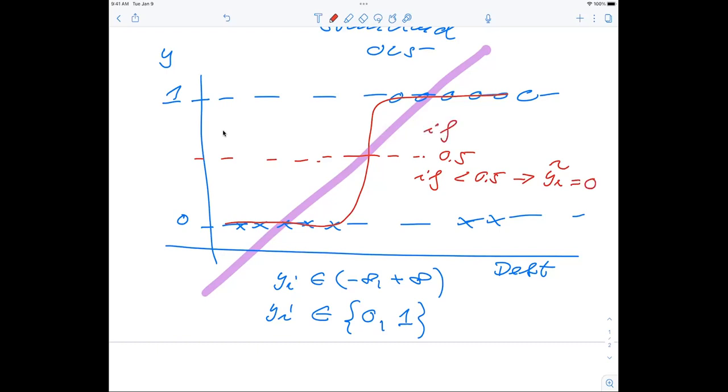And if larger or equal than 0.5, then y of i tilde, the prediction which we make, is equal to 1. So what we are going to do now is to replace this function f of x with a probability.